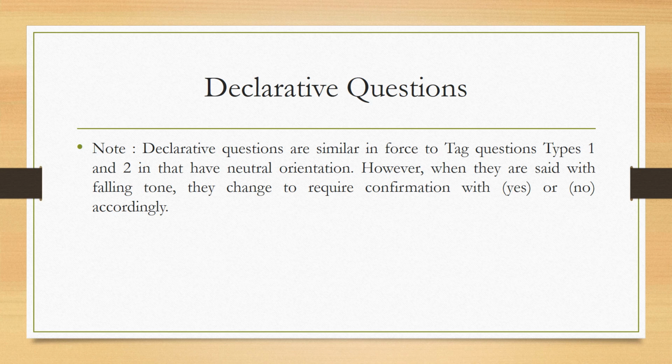This answer can either be a positive orientation, which means it's only yes, or a negative orientation, which means it can only be no. Here the speaker is not really asking a question, but needs only a confirmation.